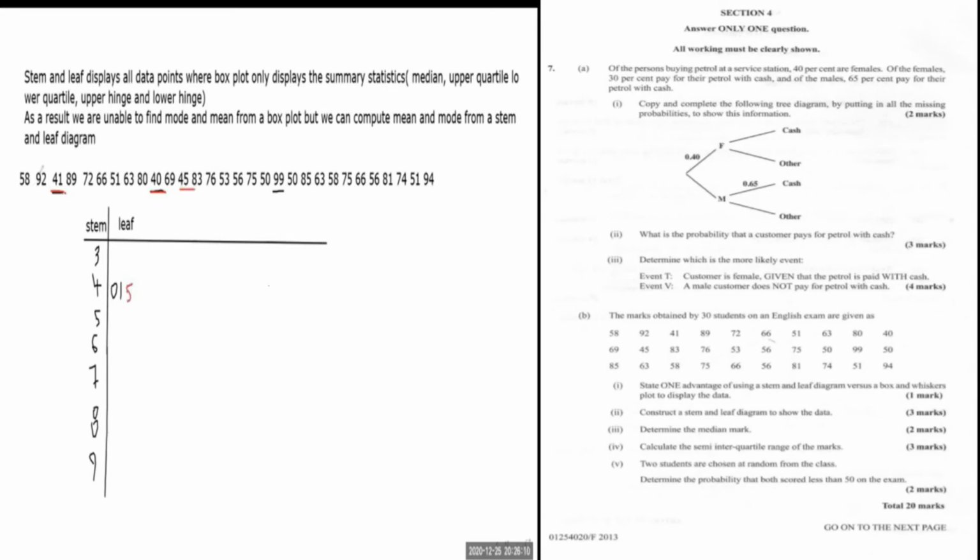Let's go in the 50s now. Anybody with 50? Of course, that's 50, and when we look again, there's another 50. This person is scraping the pass mark. This is 51, scraping. Like it's the bottom of the porridge.